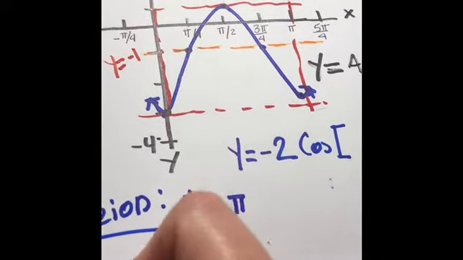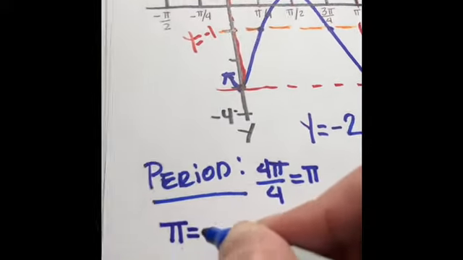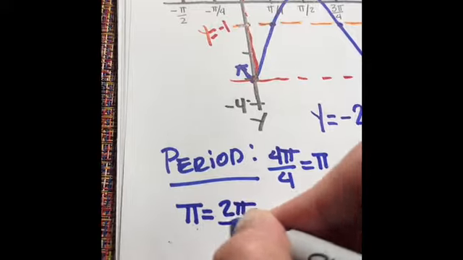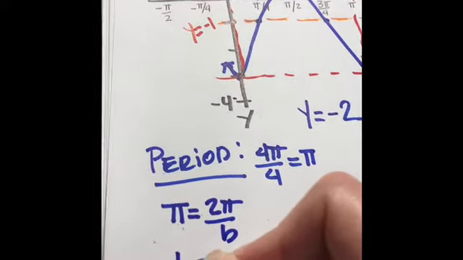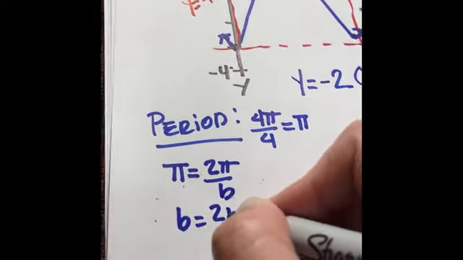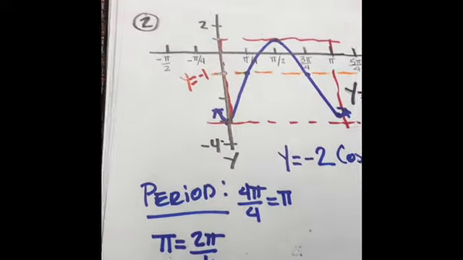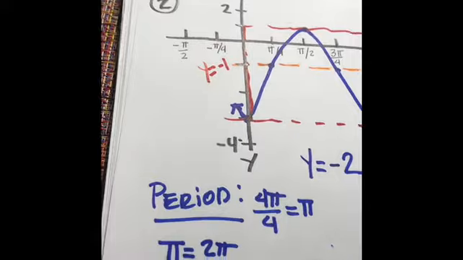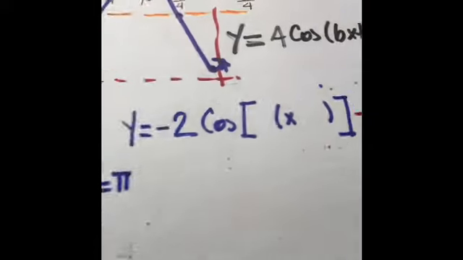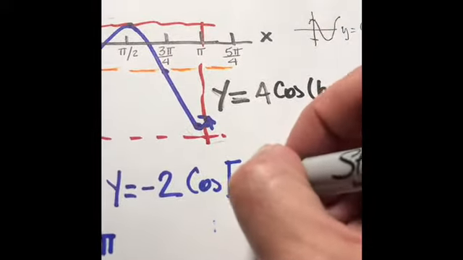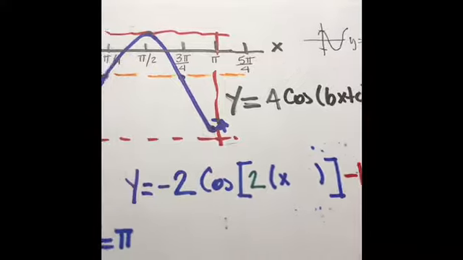This means that period, which is pi, is equal to 2 pi over b, because I need the b value and I solve for b. B is equal to 2 pi over pi. I cancel the pi's. And again, in this particular case, my b is 2. Okay, so let's remember that I write out that outside of the parentheses. The original graph of the cosine function begins at the y-axis.